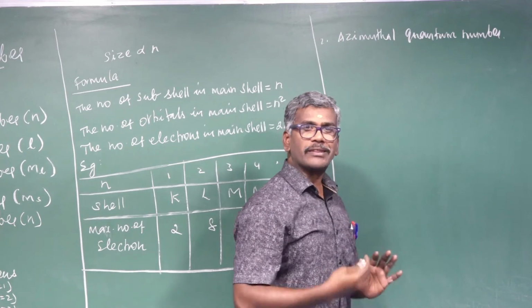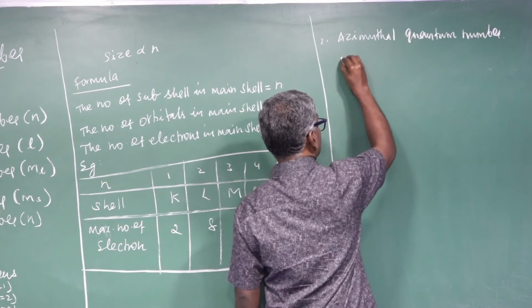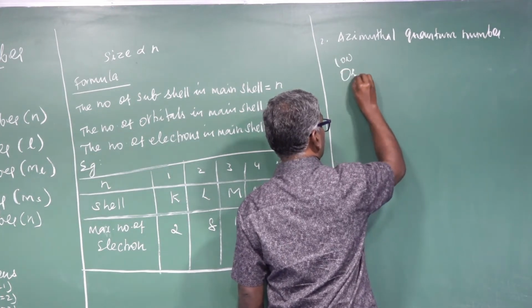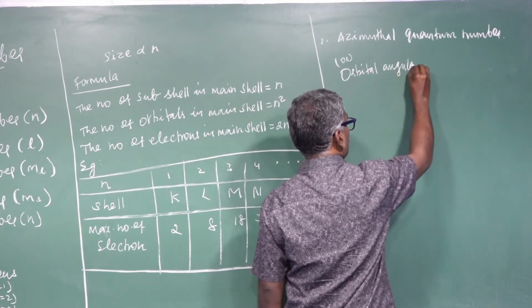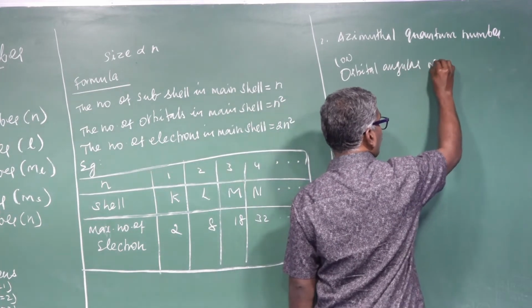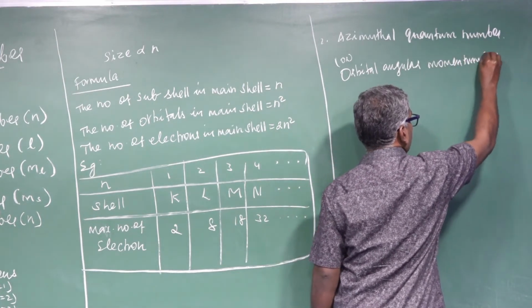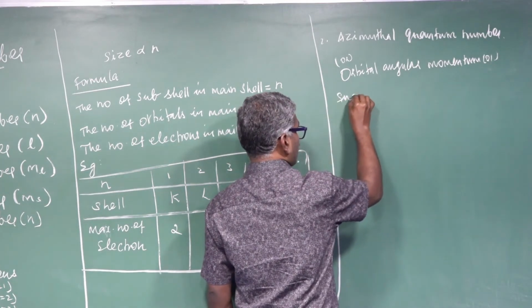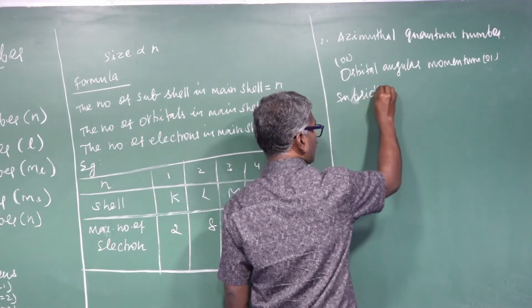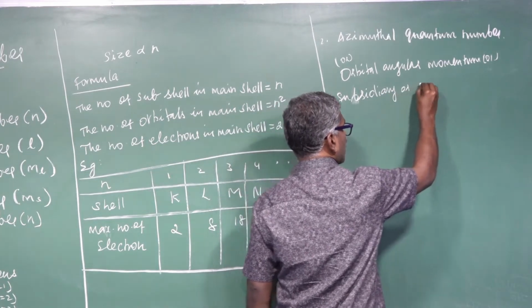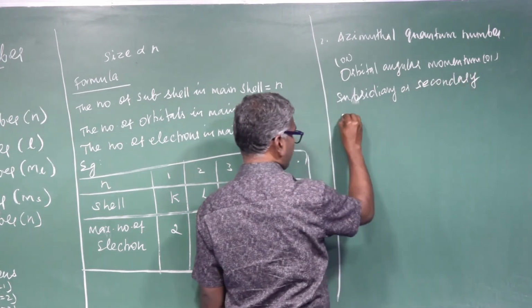Azimuthal quantum number is also called orbital angular momentum quantum number, or subsidiary or secondary quantum number.